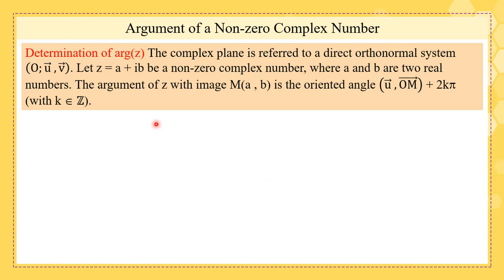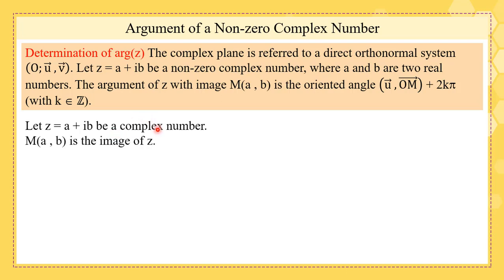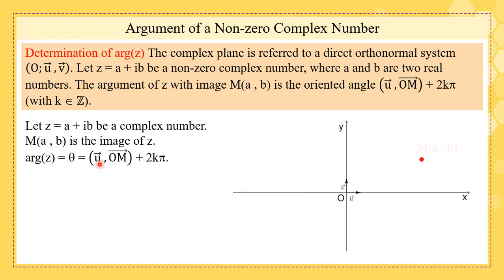Let's see how we determine the argument of z. z is a plus ib. M(a, b) is the image of z. The argument of z is going to be denoted by theta, which is the oriented angle between U and OM. This is M. This is theta, you see.